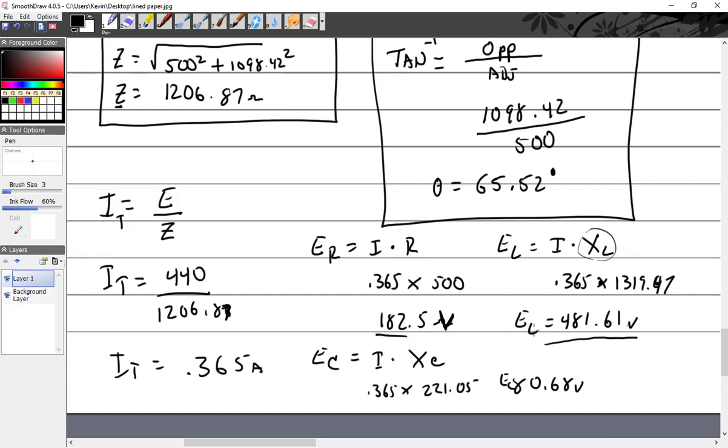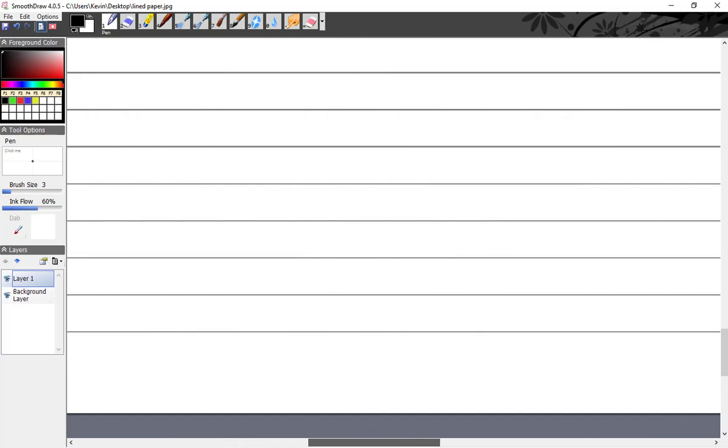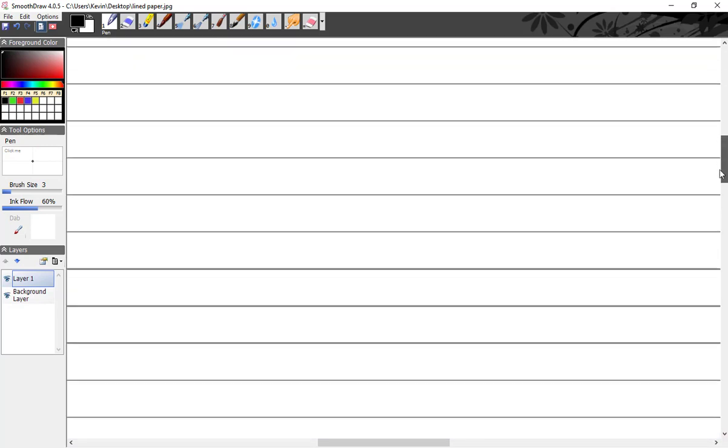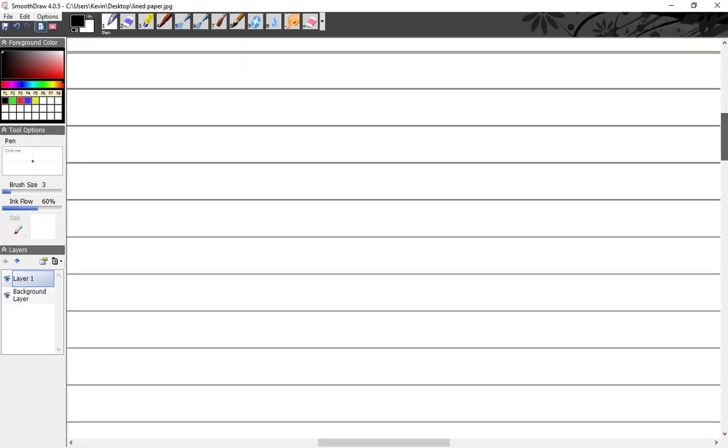Well, how about power? All right, so I'm going to go true power. Power true equals I squared times R, so I have 0.365, if I remember correctly, times R, which I think was 500.